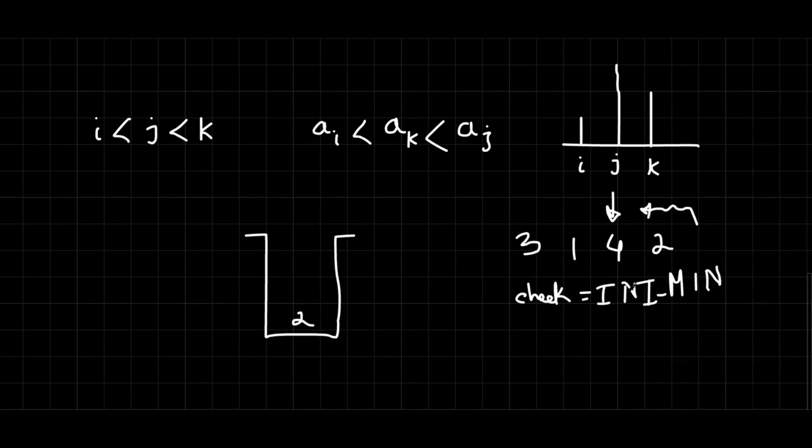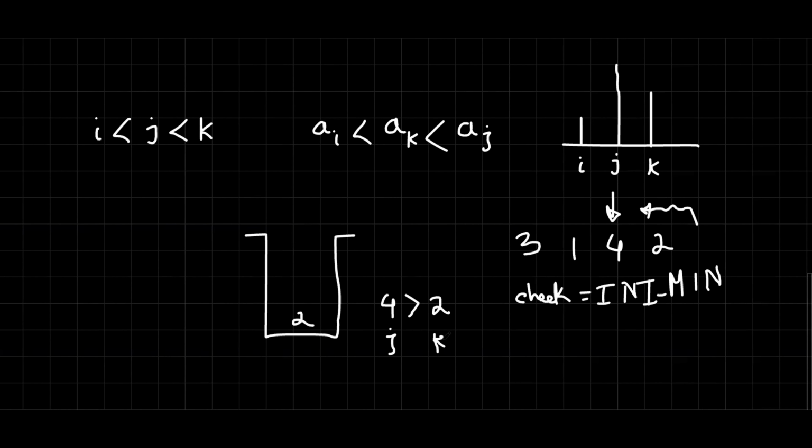Now, we have to repetitively check whether the top element of the stack is less than 4 or not. Here, the top element of the stack is 2 and our current element is 4. So the top element of the stack is less than the current element. Now, what does it mean? It means that we have found the values j and k.